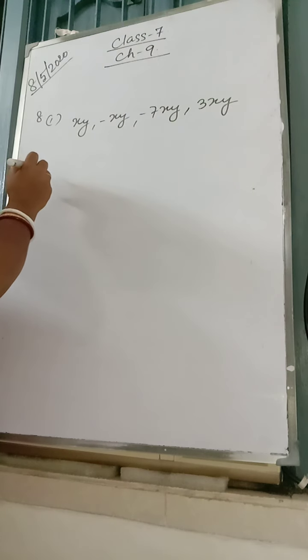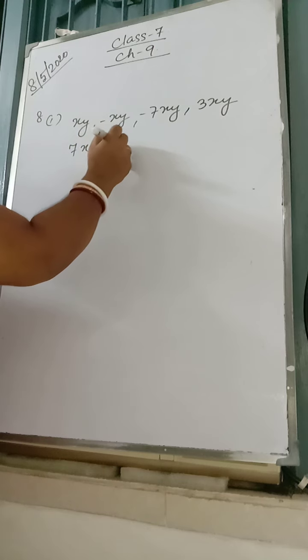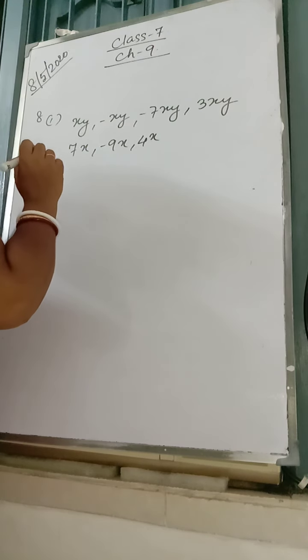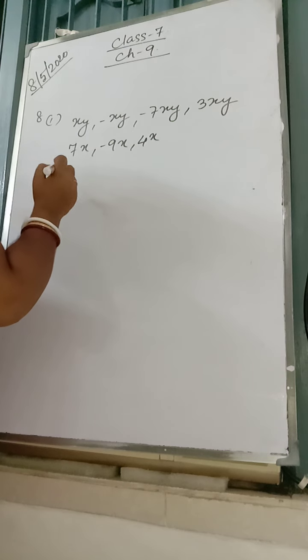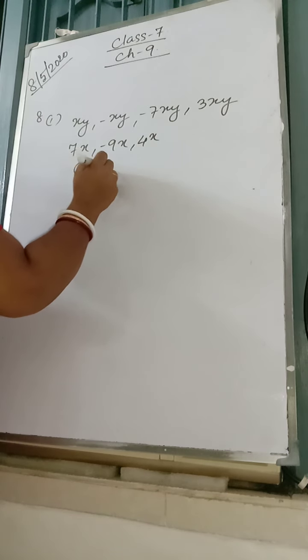Then we have 7x, minus 9x, 4x, together like terms. Then we have 6y and minus 2y in like terms. These all are in like terms.